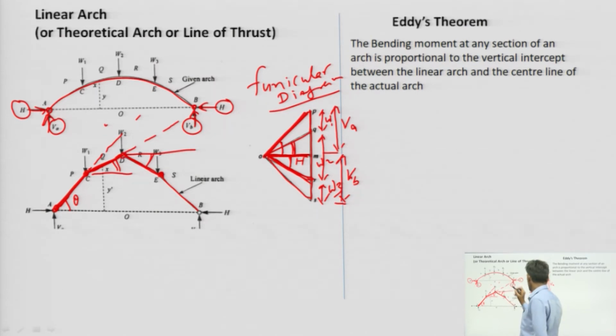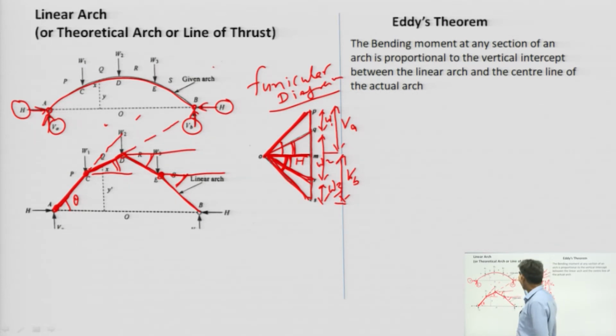And for the last member EB, the slope will be this one. So, make a horizontal line, and this angle is the same, and we will get this member EB. A and B are hinges as in the case of the given arch.